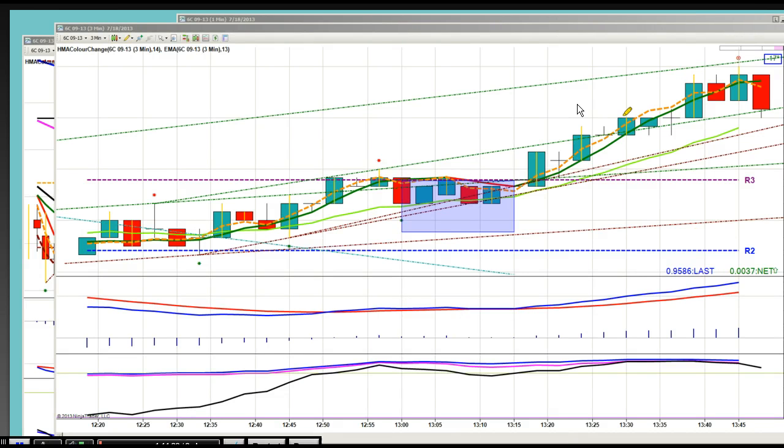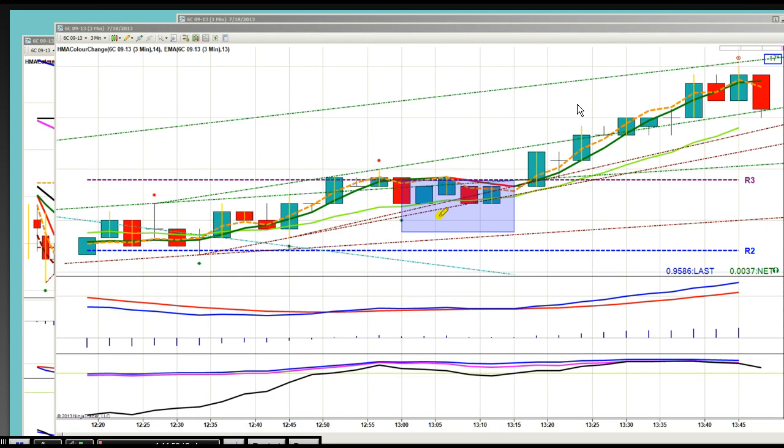So I want you to look at your linear regression, your Linreg 9, not your Linreg 4, because that's a fast-moving Linreg. Just your Linreg 9 and your HMA as resistance and support information, not just as a trend line. I want you to treat them as resistance and support.